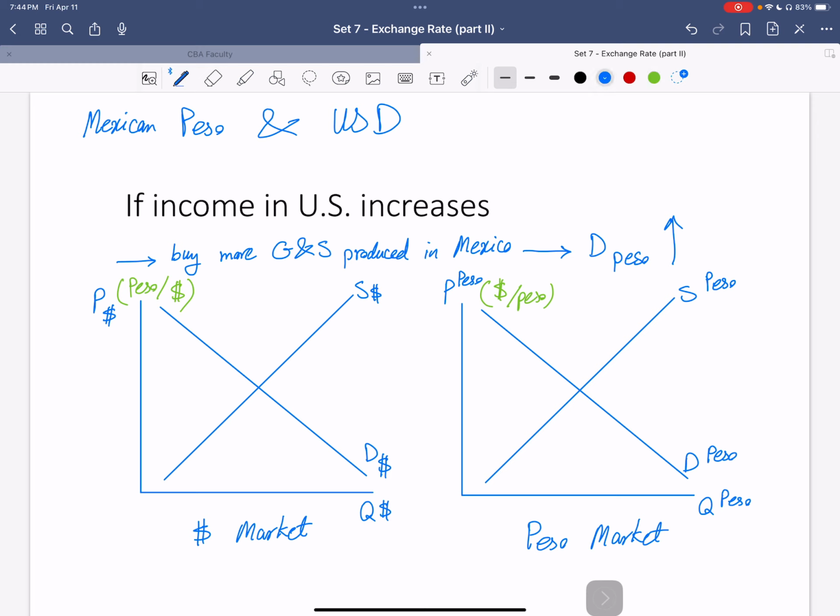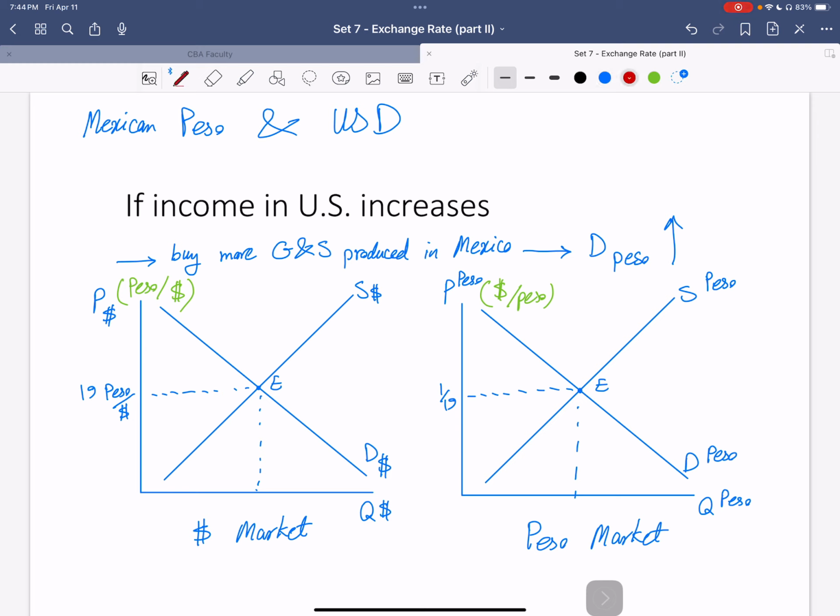Okay, so we have an equilibrium point in both of these markets. Now let's work with some numbers. Let's say in the dollar market we have 19 pesos per dollar. Okay, and we have 1/19 dollar per peso.